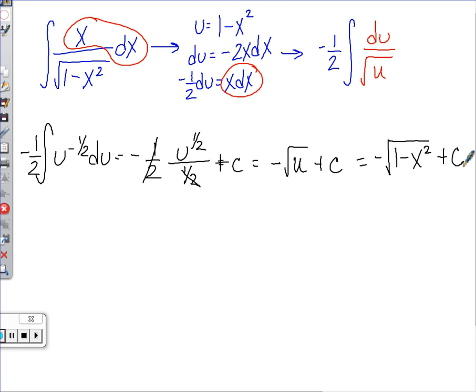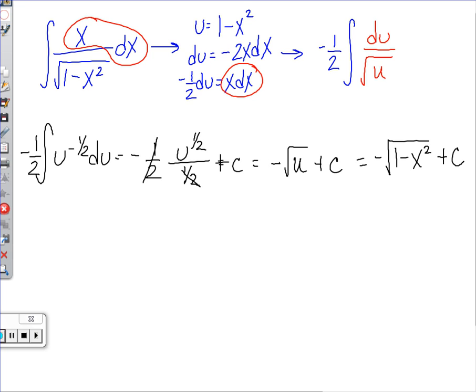Because they want to see if you're keeping track of the u substitution. Okay, but getting back to the problem at hand. What about something like this?